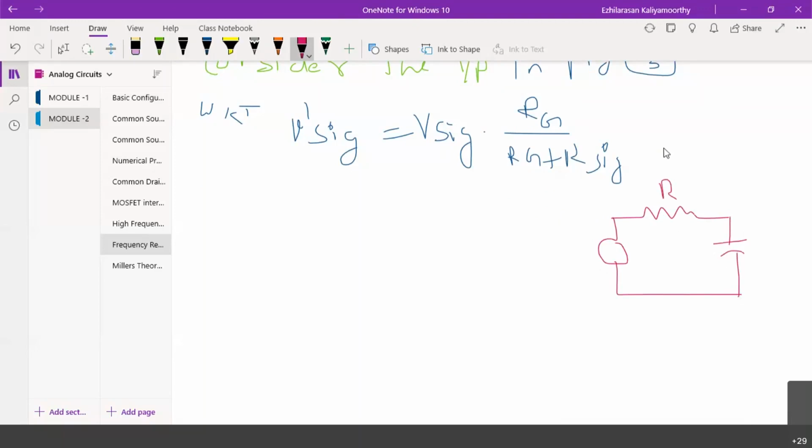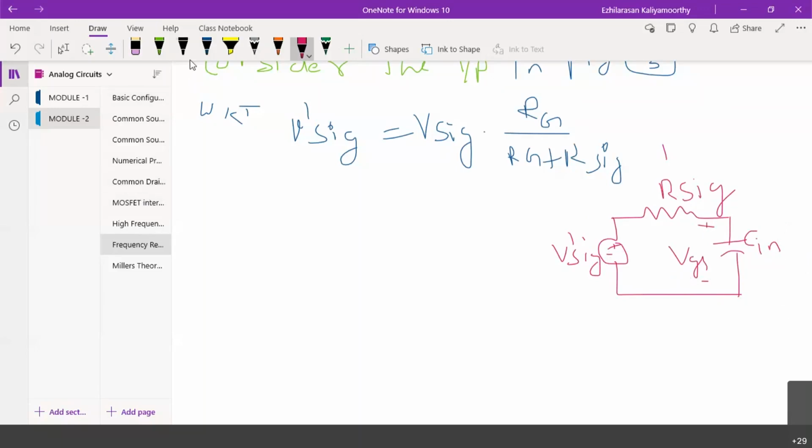So this will be R dash sig, and this will be V dash sig. What is this? This is nothing but C in actually. So the voltage across is nothing but the VGS voltage. Now C in is equal to, already we know, CGS plus 1 plus GM RL dash into CGD.